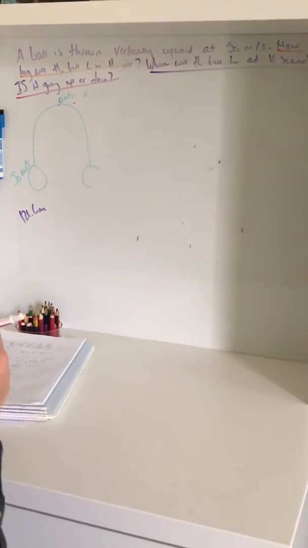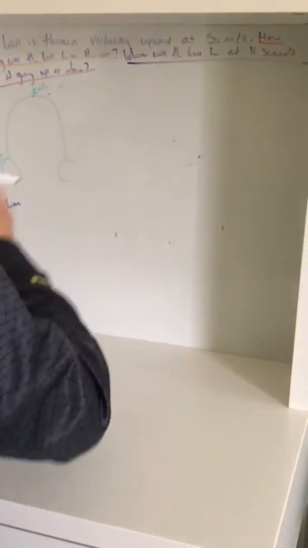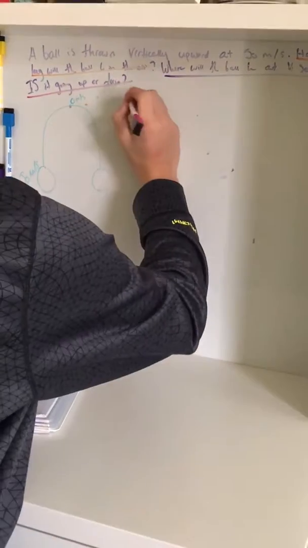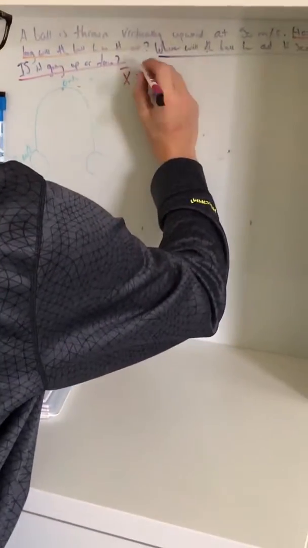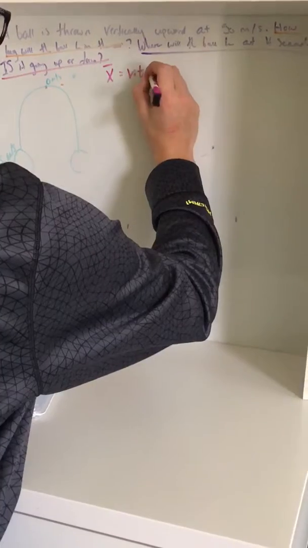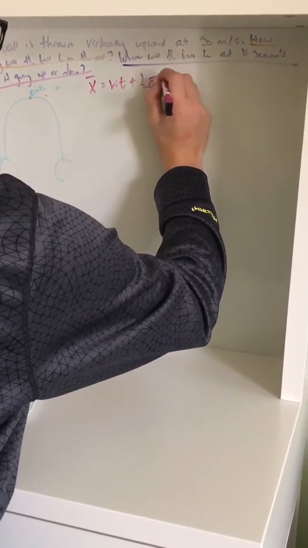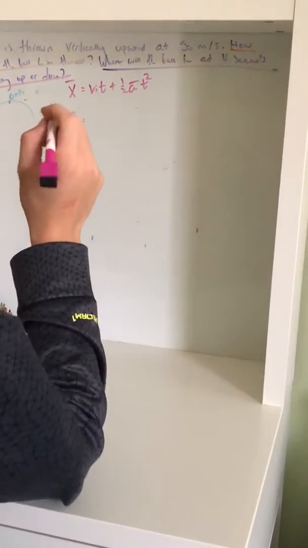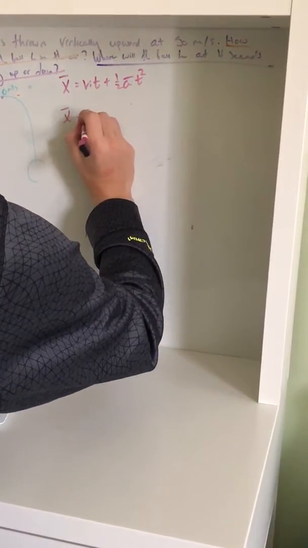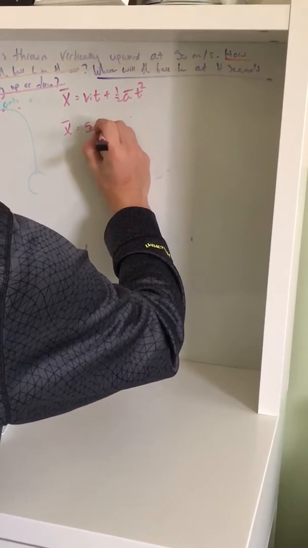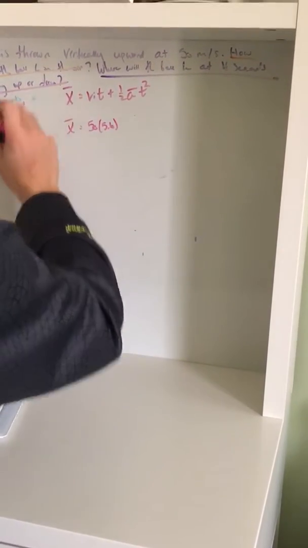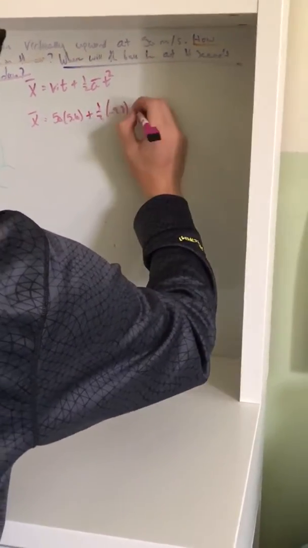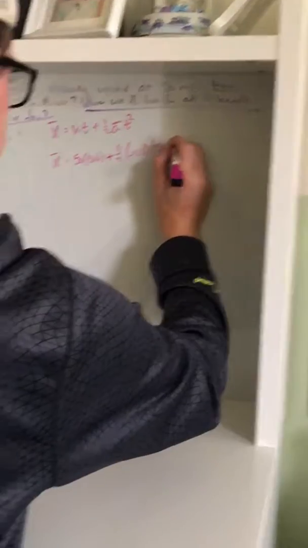To determine if it's going up or down, we need to find the displacement value of this right here. So we're going to use the displacement formula again. Displacement equals velocity initial times time plus 1/2 times the acceleration times the time squared. So the displacement is going to equal 50 times, we're going to use 5.10 because that is the time at this point, plus 1/2 times the acceleration of negative 9.8 times time squared, 5.10 squared.